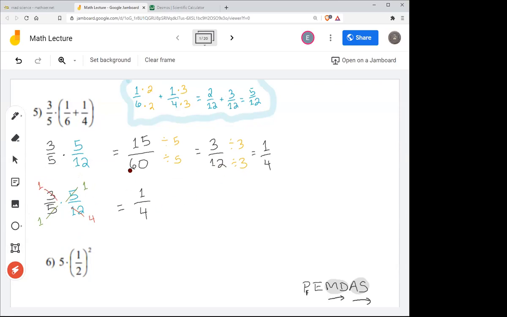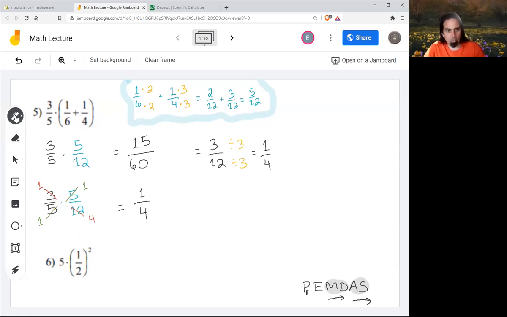You would make the 5s green and 3s red. Yeah, those two 5s are green because my green canceling is those two 5s. I'm dividing by 5 top and bottom. I am just doing it before I multiply so that I don't get these big numbers like 60.